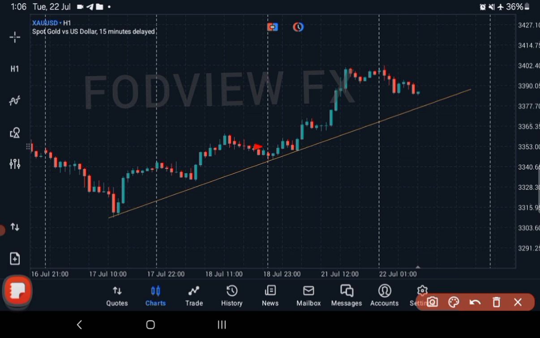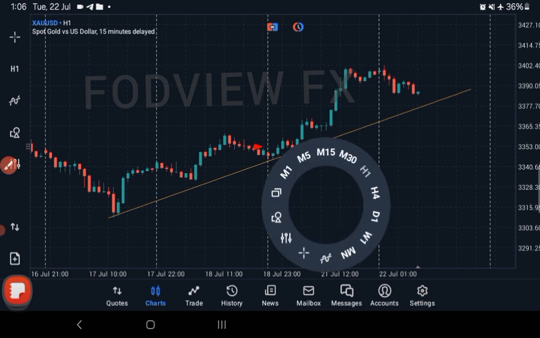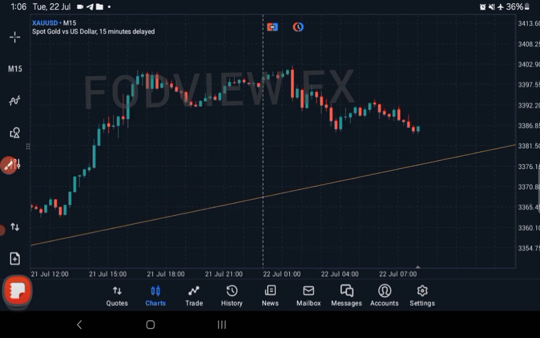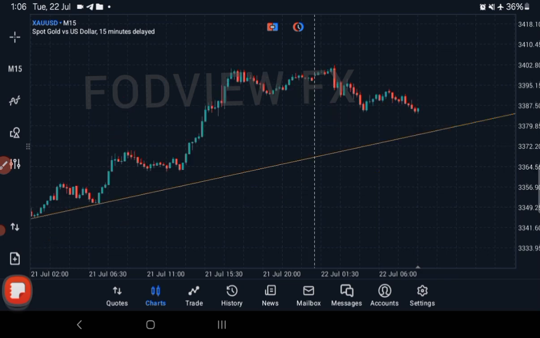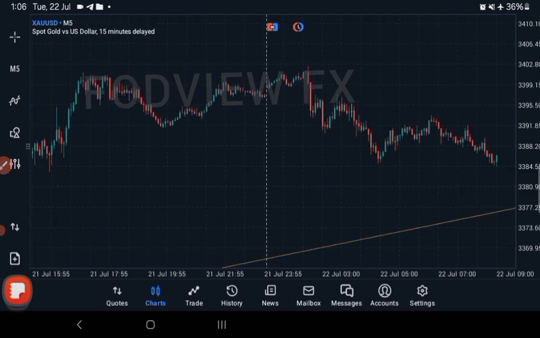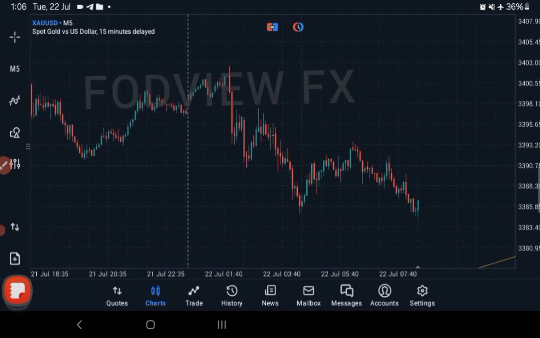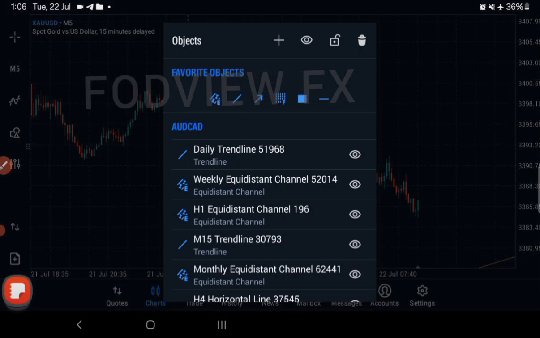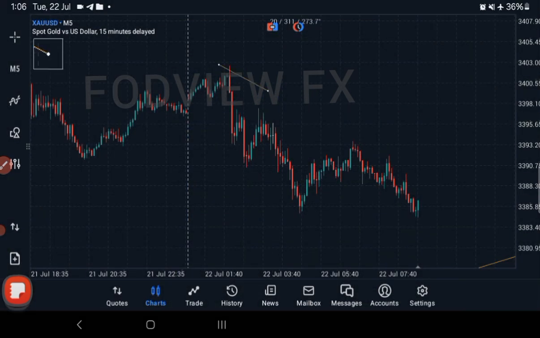Now look at it. Let me drop to a 15 minutes time frame. On a 15 minutes time frame, let me check the 5 minutes time frame on gold. Now gold is dropping. I use the trend line, connecting it.